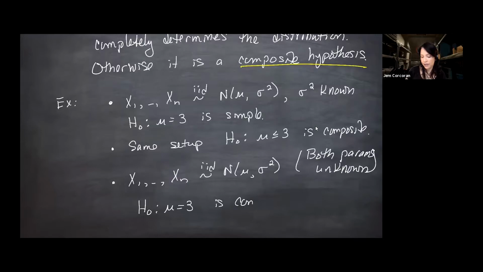So it looks simple because it's equal to a number, but the point is that if you know it's true, you still don't know exactly what normal distribution you're talking about, because there's a whole bunch of different ones in there depending on what sigma squared is. So there's a tendency in beginner data courses to say equal sign is simple and anything else is composite, but here's an example of having an equal sign in there and it's still composite.